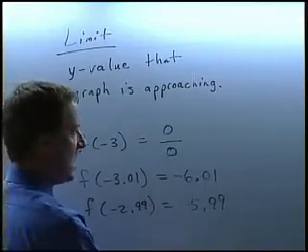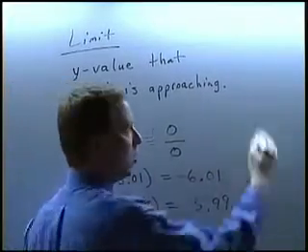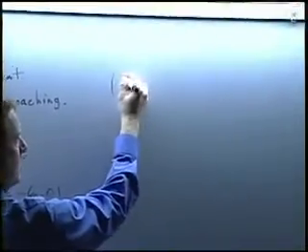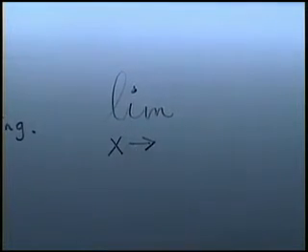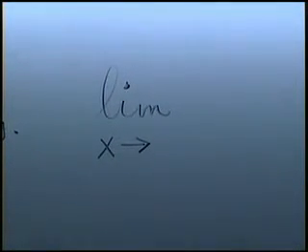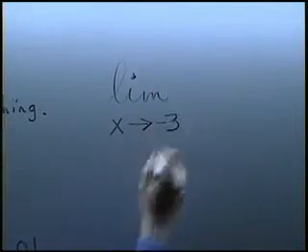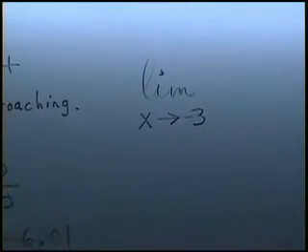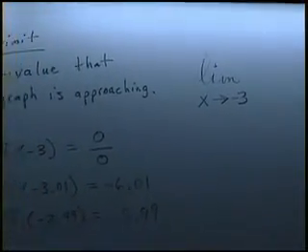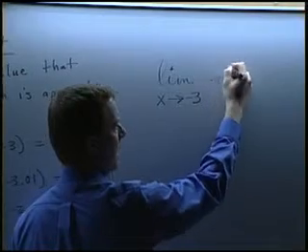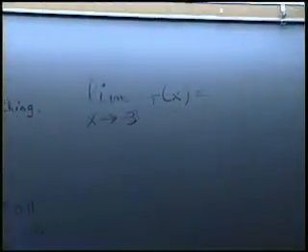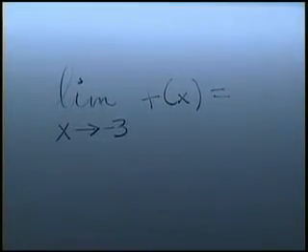And so what we say here, and this is the notation that we will use, okay? We use LIM for limit. In this case, the x value is getting really close to what? The x value is getting close to negative 3. So we say the limit as x approaches negative 3 for our function f of x is equal to what?